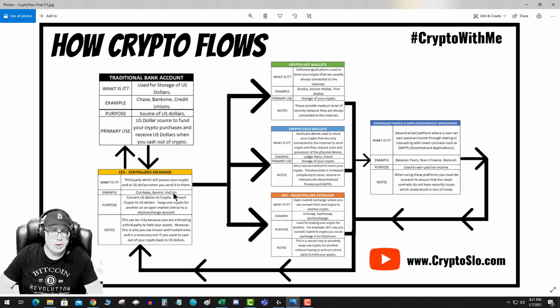They're making sure that you're a real person, not a scammer, not doing illegal activities, and basically verifying that you're a real person. That is KYC. If you want to get in and out, you will have to KYC. So don't be surprised if they ask for your passport or your driver's license.